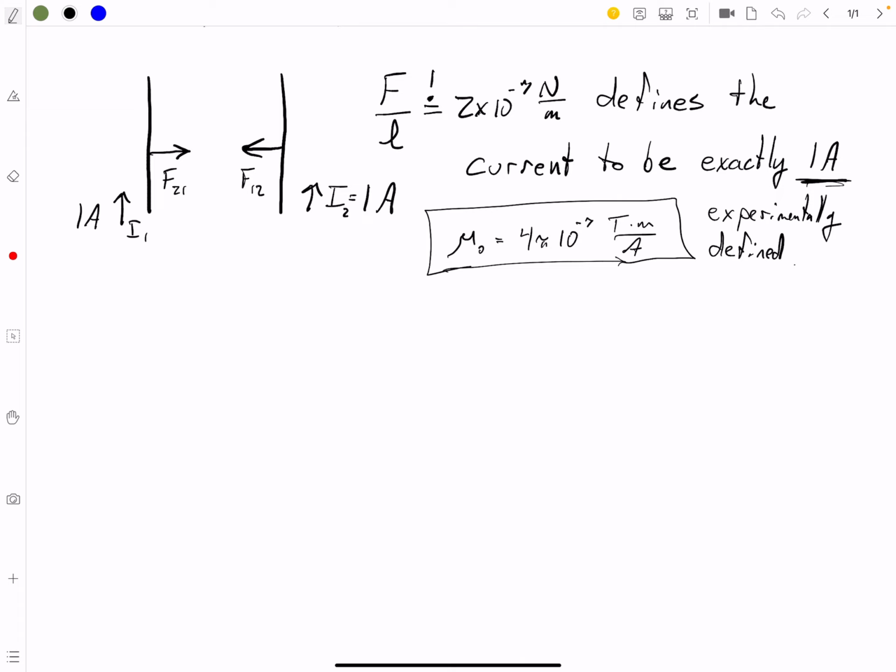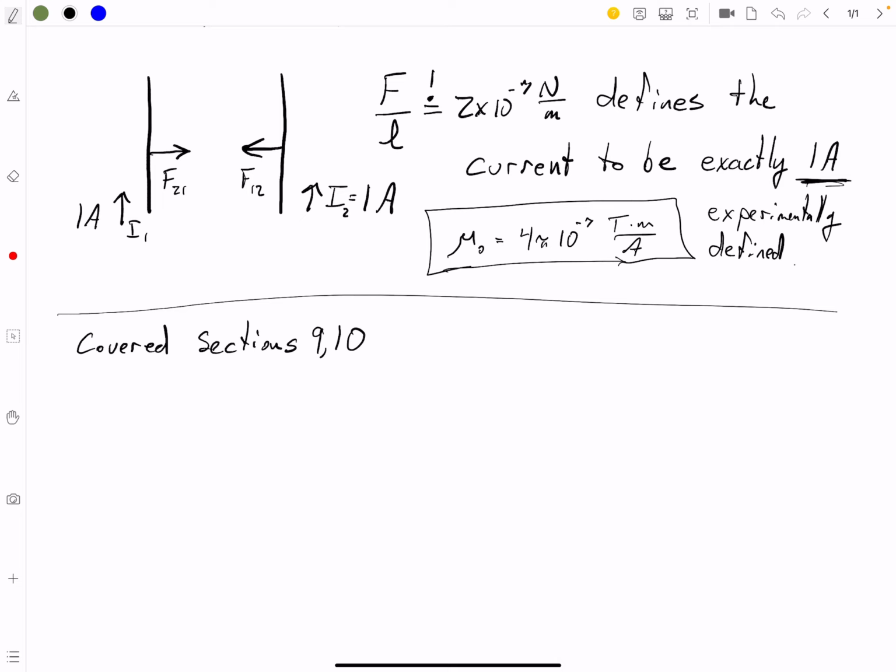All right, so we've explained a few things. We've covered sections 9 and 10 just now, between the last lecture and this lecture.